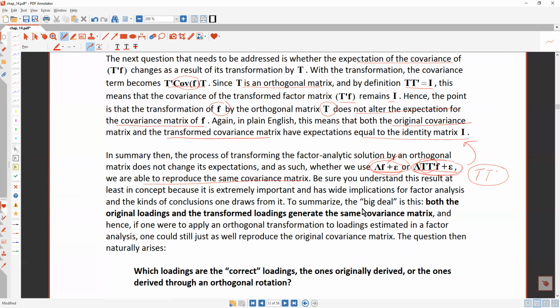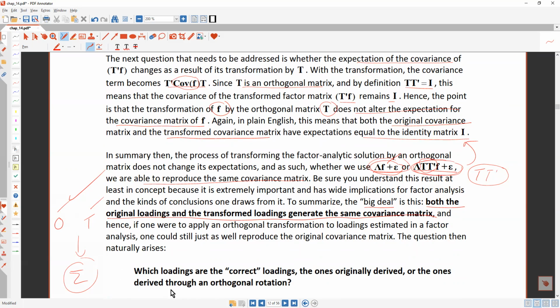So what's the big deal? Both the original loadings and the transformed loadings generate the same covariance matrix. Whether you choose the original loading matrix or the transformed one, both can reproduce the covariance matrix just as well.